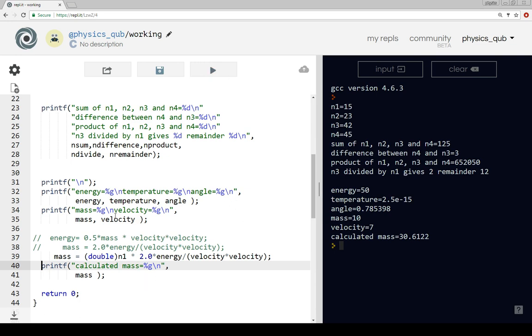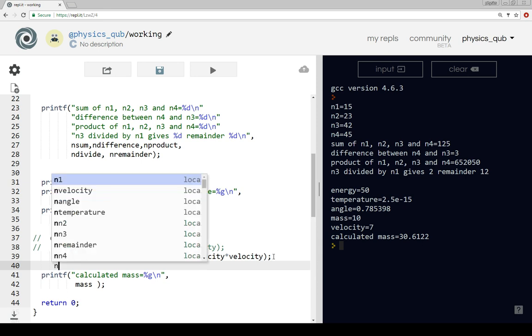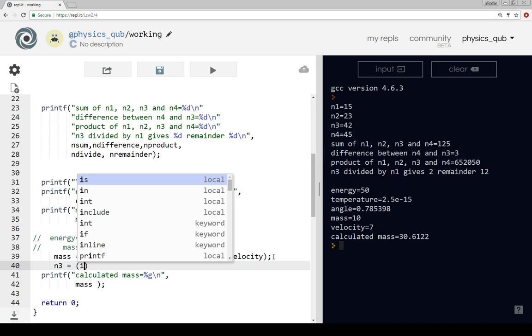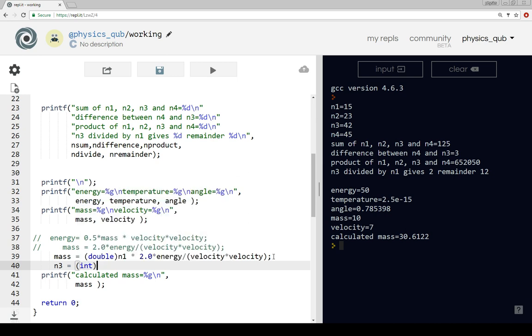Okay, so previously we had the mass coming out as about 2, and now it's coming out as about 30, which is what we expect because n1 is 15. By contrast, let's put something else in here. Let's say n3 is equal to integer of mass.